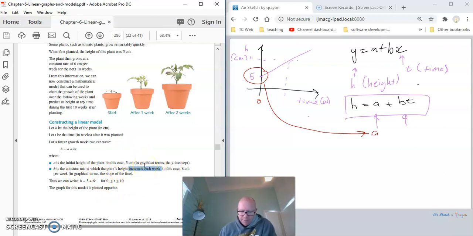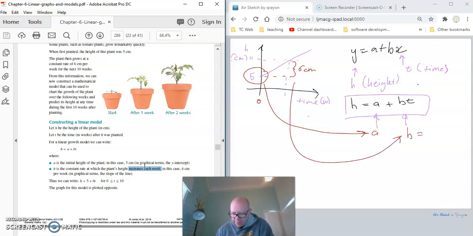So we can say now that this rise, okay, is 6 centimetres. Okay, because it's rise over 1, it's 6 centimetres up over 1 week. 6 over 1 is 6. So I'm going to take that and I'm going to plot that into here. B equals 6, and put my A equals 5.